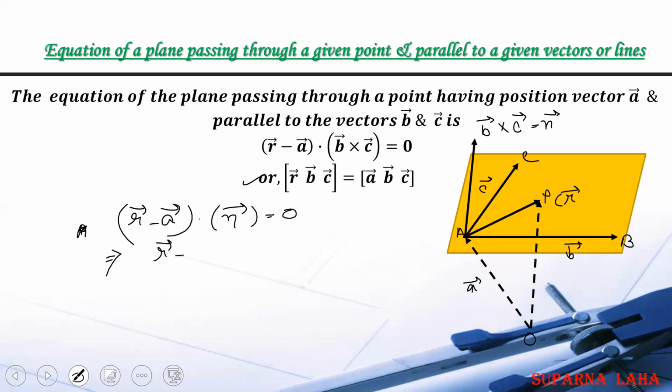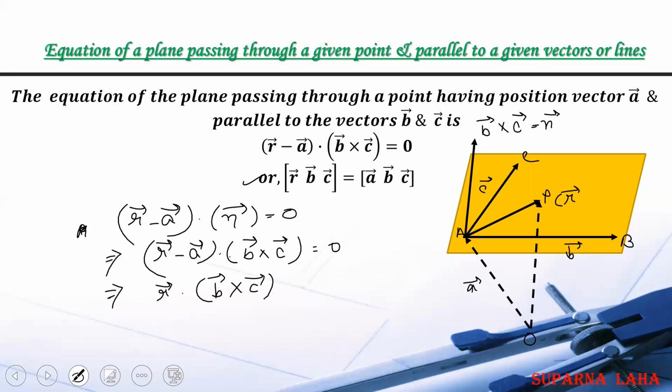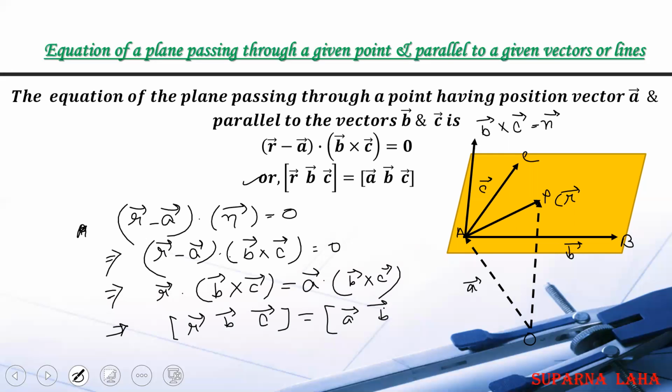So vector r minus vector A dot N, where N is vector B cross vector C. Now if I simplify this, vector r dot product with B cross C equals vector A dot product with vector B cross vector C. Okay, now this is the vector representation. So write it down: A, B, C box product. Now this is called the non-parametric form.